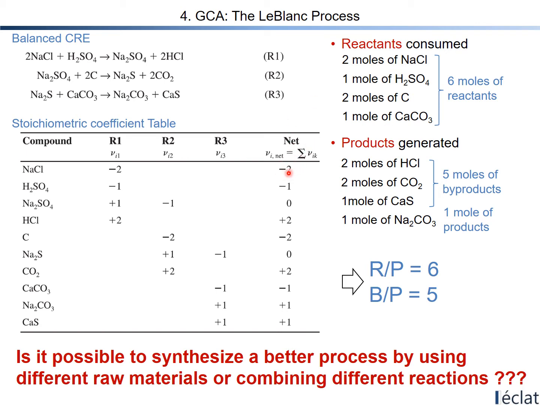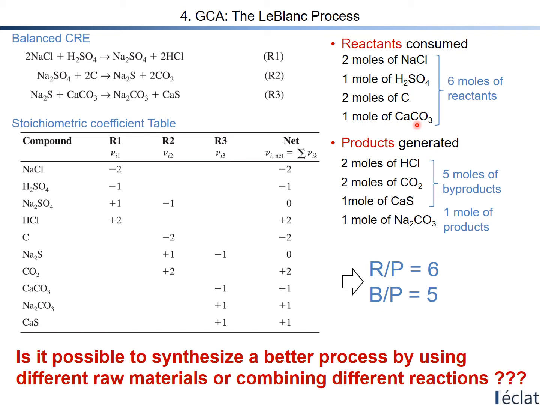So -2, 2 moles of sodium chloride are consumed. -1, 1 mole of sulfuric acid is consumed. How about -2, this one, carbon, and calcium carbonate -1, right? So 1 mole of calcium carbonate is consumed. So totally 6 moles of reactant are consumed.